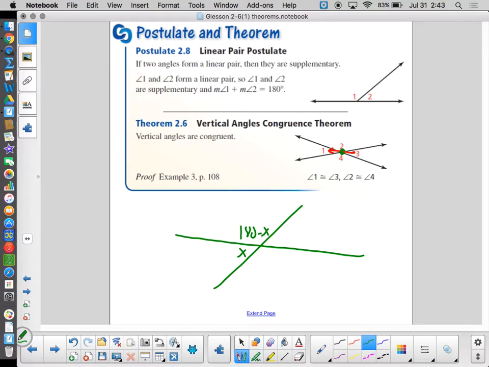If this angle is 180 minus x, and this is 180 minus (180 minus x), 180 minus 180 is 0. Negative negative x means that this angle is just x. Oh, they have to be congruent. And then this angle is also 180 minus x. Oh, they're congruent also. Vertical angles are congruent. That's essentially the proof.